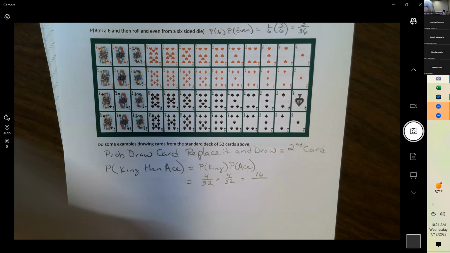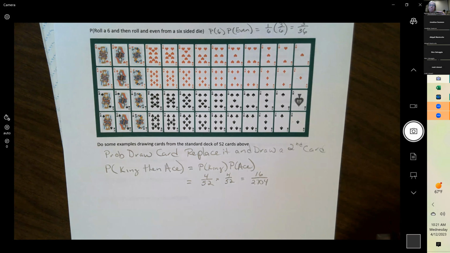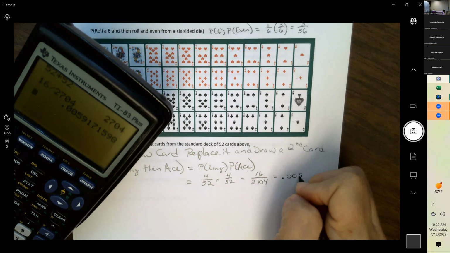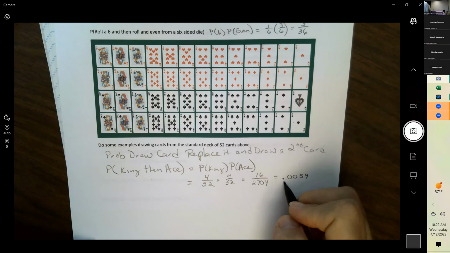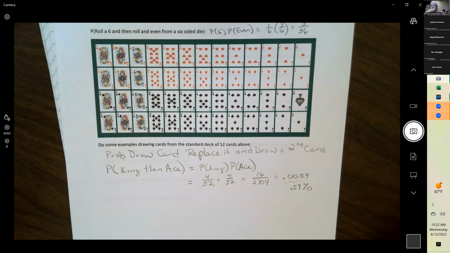Multiplying across, 16 over 52 times 52, which is 2704. If you wanted the decimal, you just divide those, or multiply by 100. It's not even a whole percent. A 0.5% chance that if you draw 2 cards, the first would be a king, putting it back, the next one an ace.